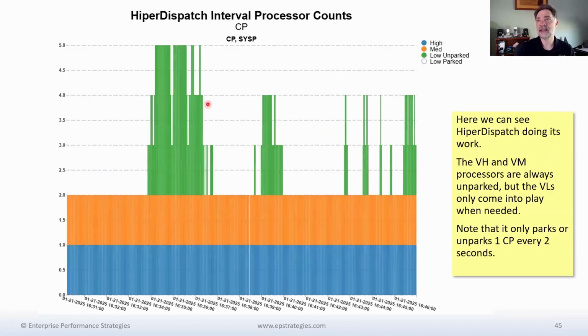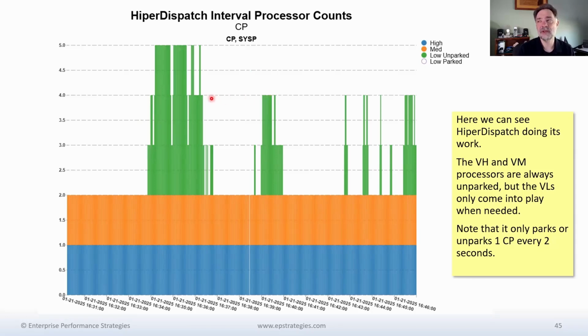And in fact, we can see that in the processor counts as well, for how many low processors are parked and unparked. Again, this is on a 2-second basis, on that same 15-minute interval that we were looking at. And in fact, we see here that it came in, it unparked a processor, then it unparked another one, and then apparently it took it away for a couple of seconds and then put it back.